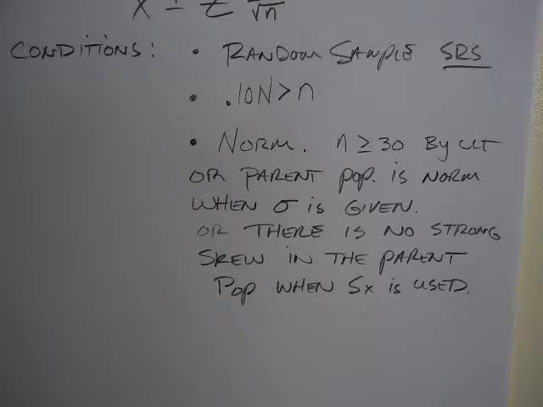So, if you're using the standard deviation that's calculated, you really only need a very roughly normal pattern. If it even looks like it's kind of heading in a normal sort of way, and there's not some massive skew to it, you can use your T star values.